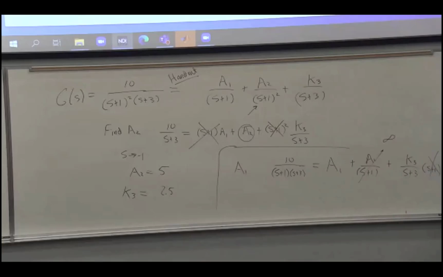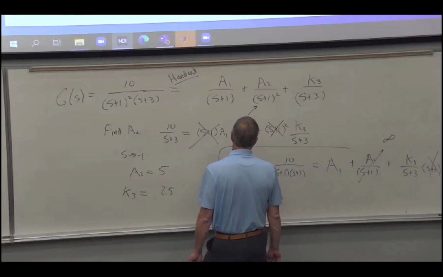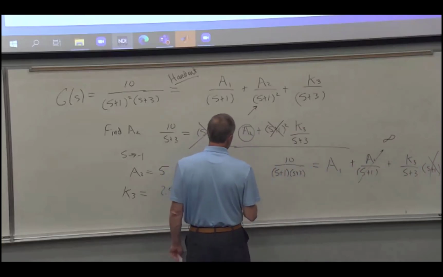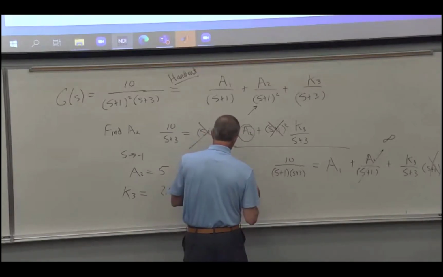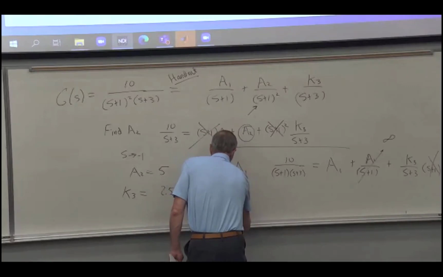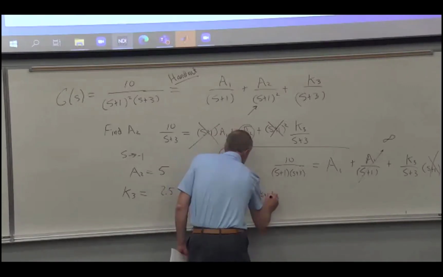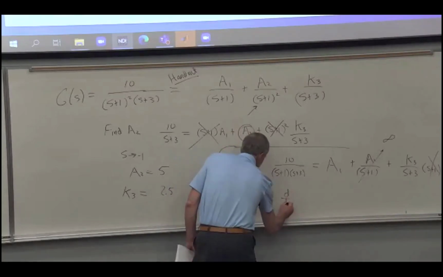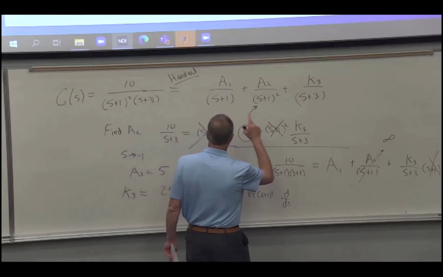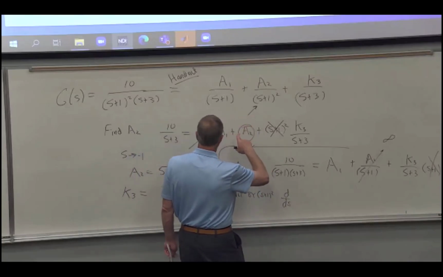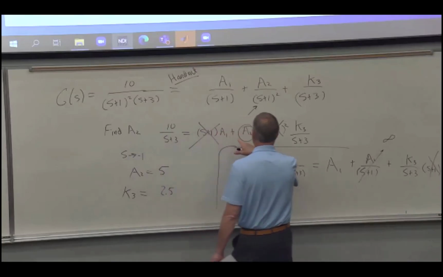So we're stuck. The handout shows you a way where you multiply by S plus 1 squared and then take the derivative. So one method is multiply by S plus 1 squared, and then take d by ds of both sides of the whole thing, and that knocks this term out.